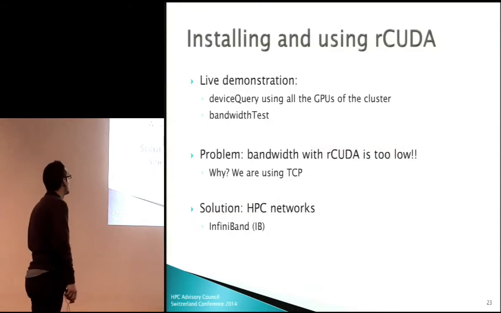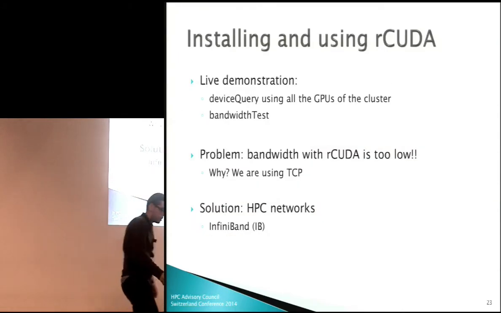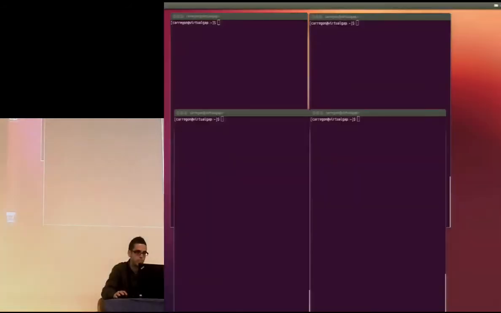And so now let me illustrate it with a live demonstration. I'm going to connect to a server in our university. So we are going to connect to two different nodes. We are going to run an NVIDIA sample, which is called bandwidth test, and we just perform a copy between main memory and GPU memory.